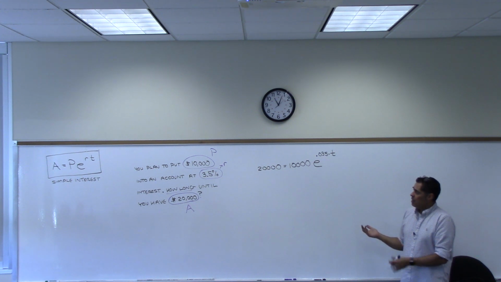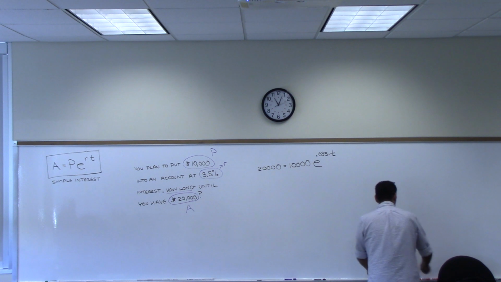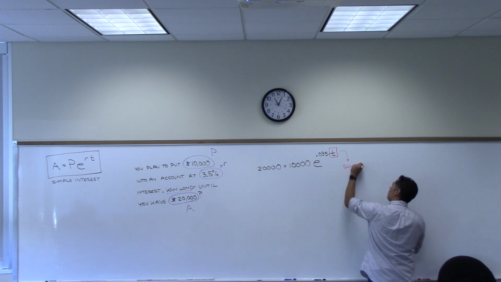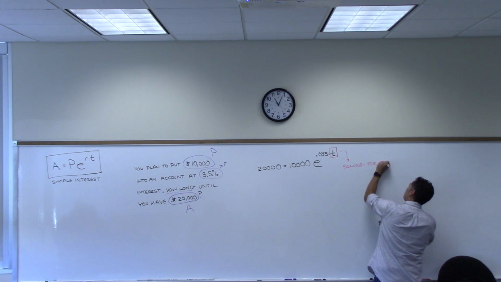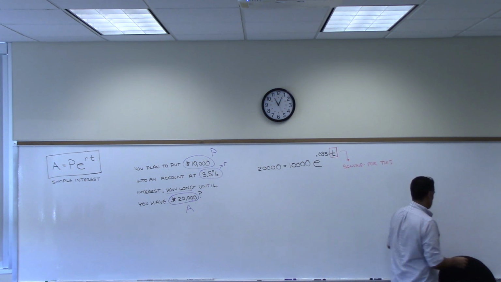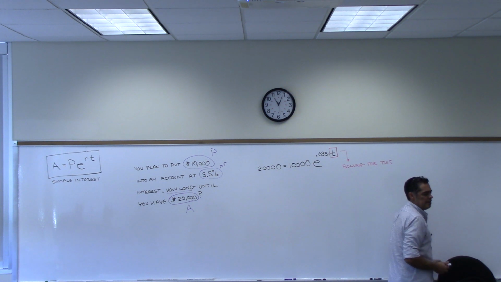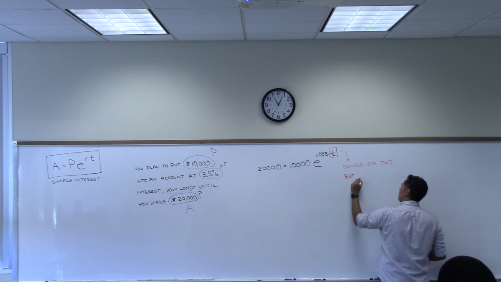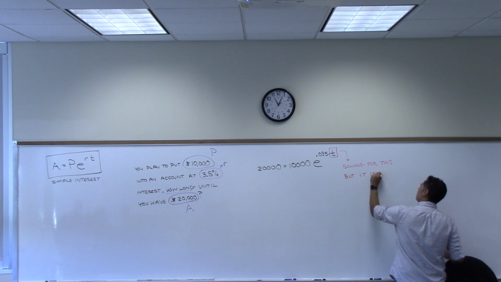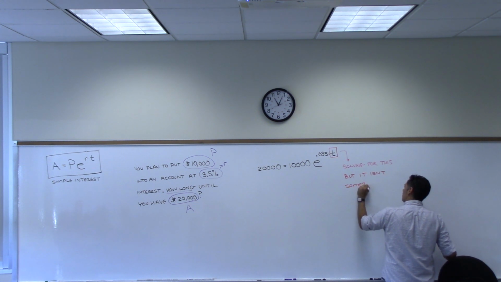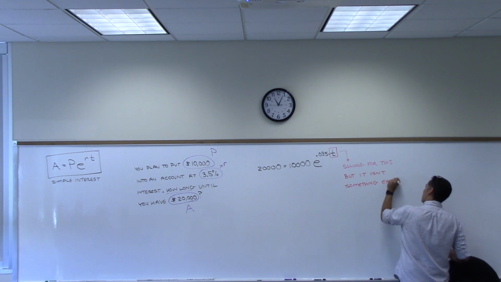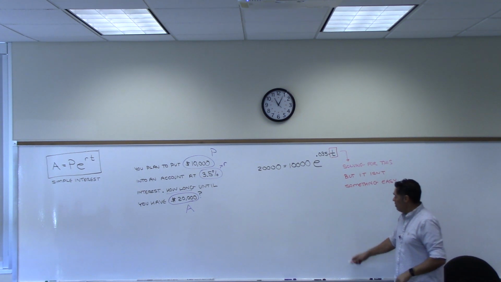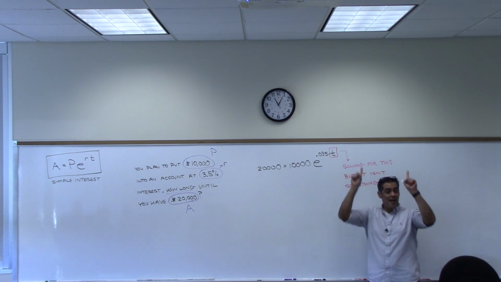Do y'all see that? I will stress again, we are solving for this T, but it isn't something easy because we've never had a problem before, in this class at least, where the variable we're solving for is up in the exponent.